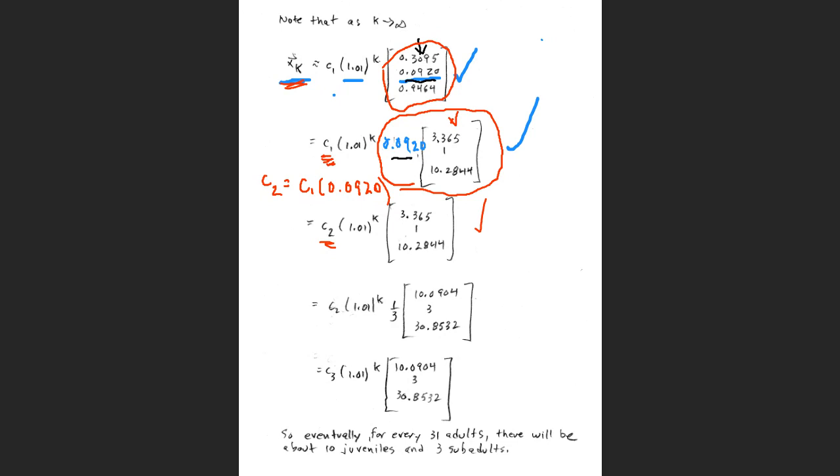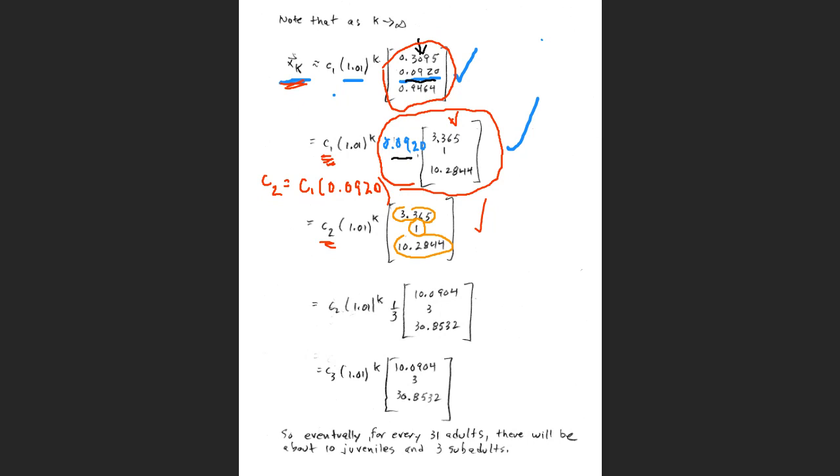Okay, and then what I'd like to do is have the 3 entries here, there are 3 entries in this eigenvector, be as close as possible to integers, because I want to do an interpretation here.